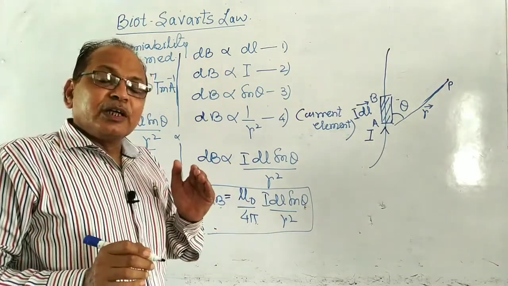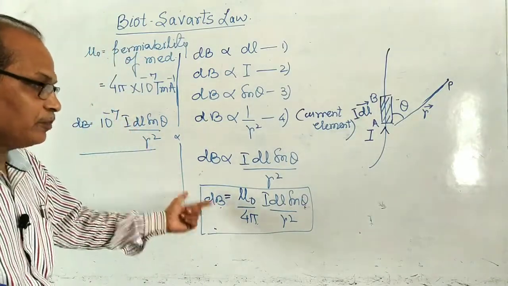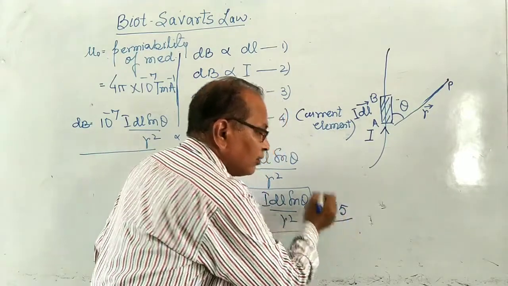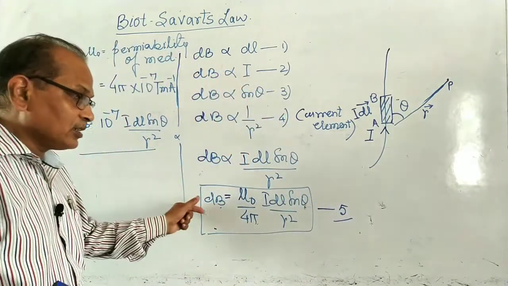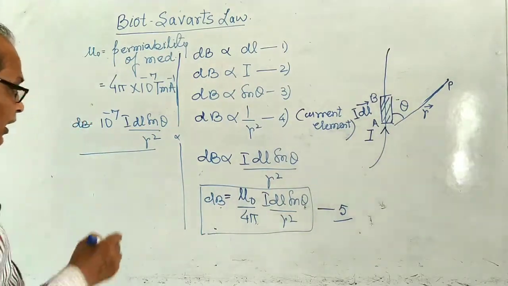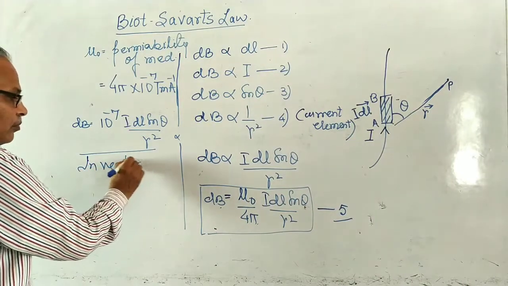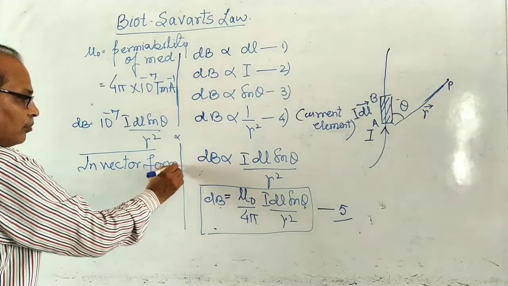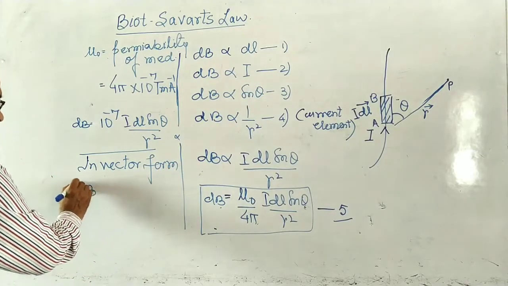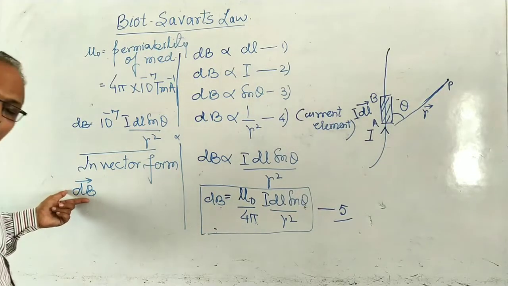Now, in terms of vector representation, how can you represent this expression, expression number 5? How can you represent this Biot-Savart law in terms of vectors? In vector form, it is dB vector, because magnetic field intensity is a vector quantity.